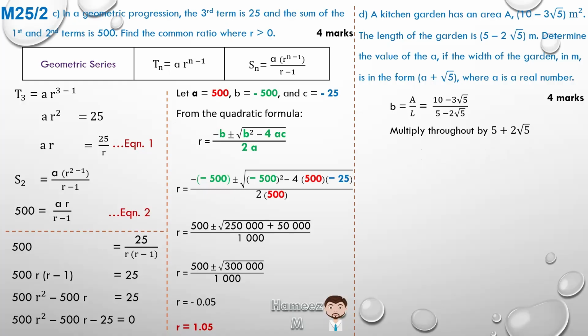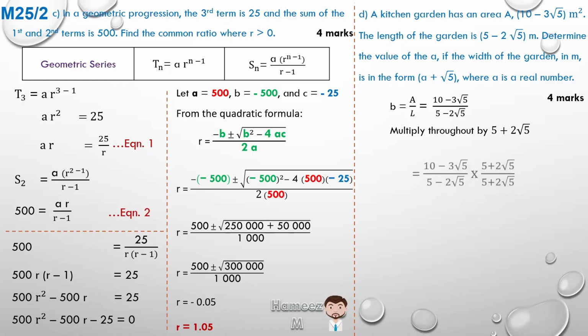So we can multiply throughout by the same denominator, except we're changing the sign of it. So we multiply the numerator and denominator by 5 plus 2 root 5. This little trick: we're taking the denominator and changing the sign.